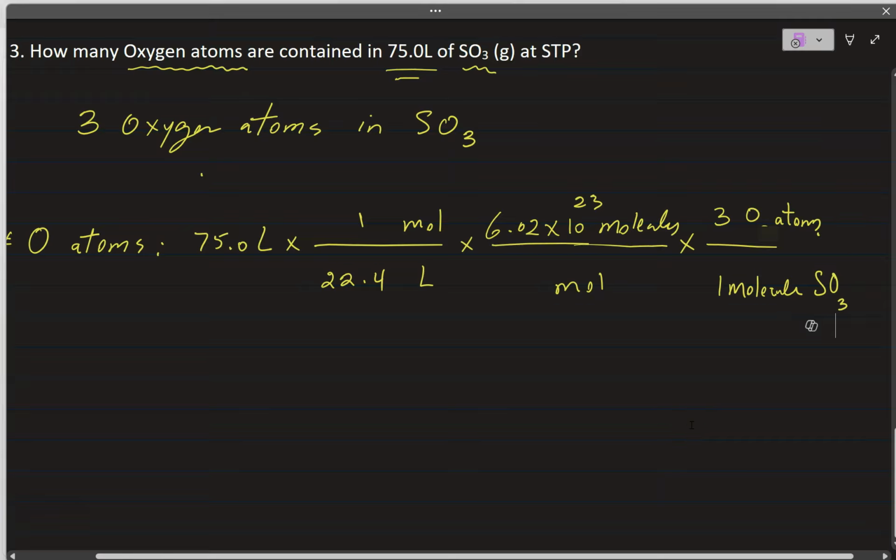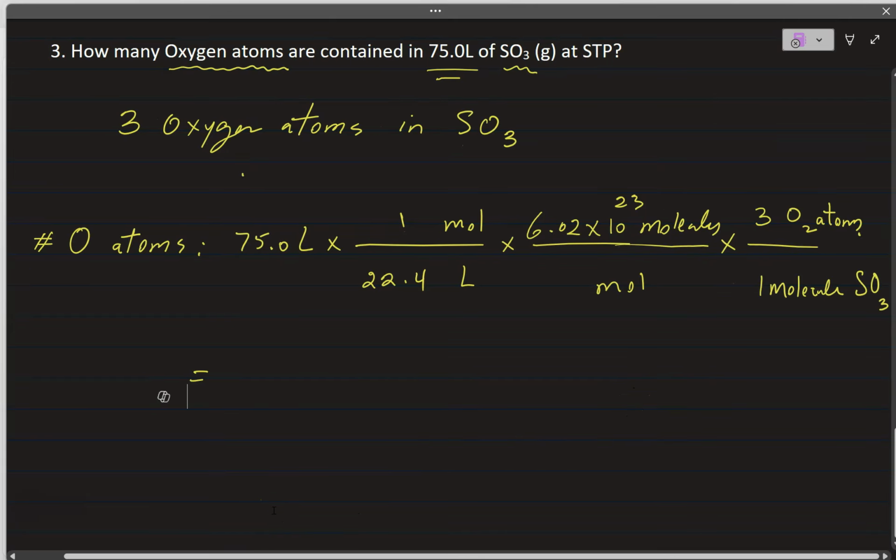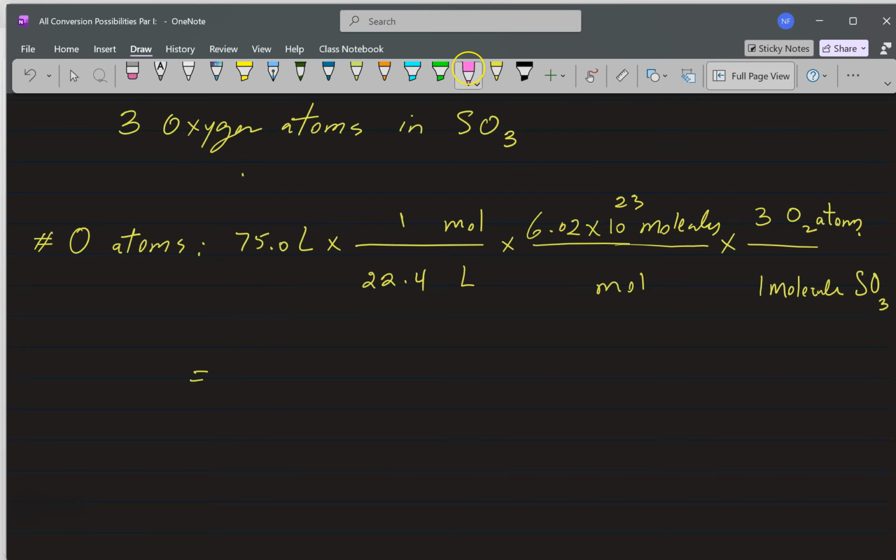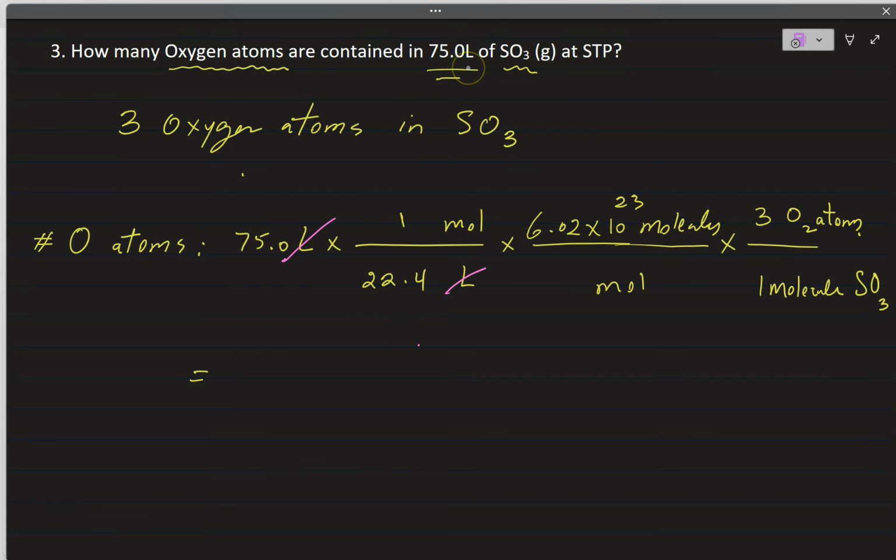Now that we have this, we're just going to go through and simplify. Notice that liter and liter divide, mole and mole divide, molecule and molecule goes away. The only thing that is left now is atoms.